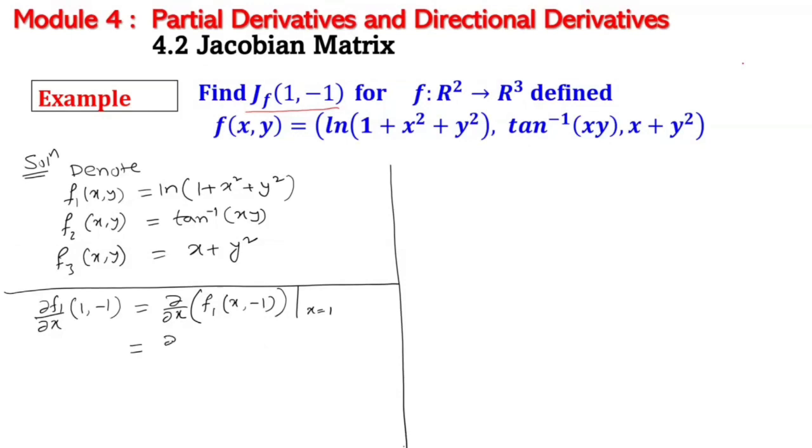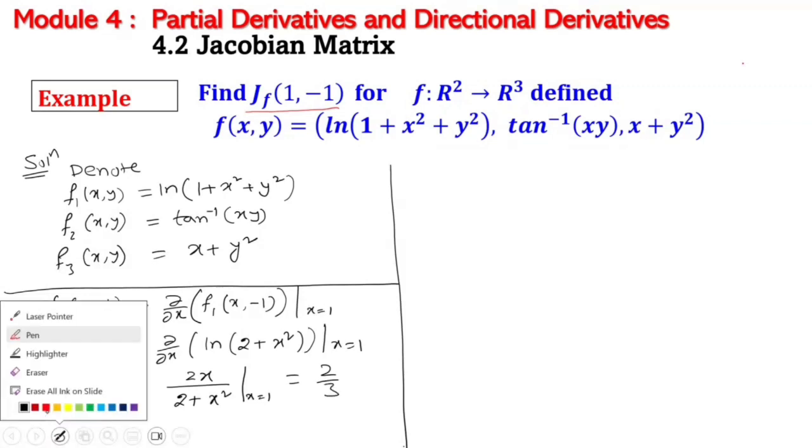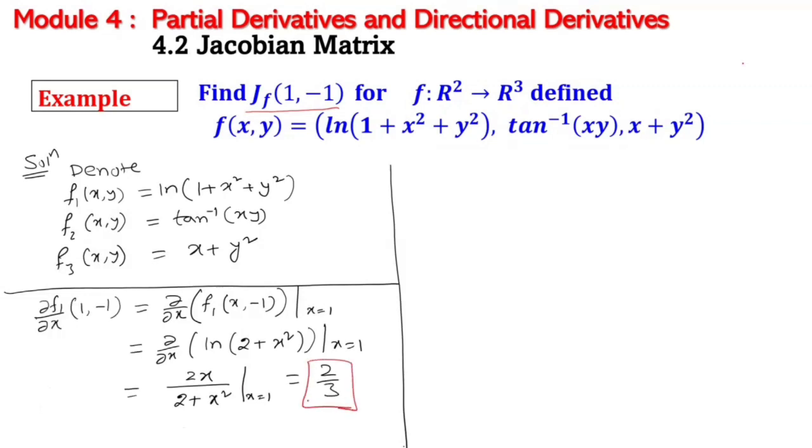This is equal to del x of ln(2 + x square) at the point x equal 1. So the derivative of this one will be 2x over 2 + x square at the point x equal 1. So this will be 2 over 3. So we got our first entry of the matrix as 2 by 3.